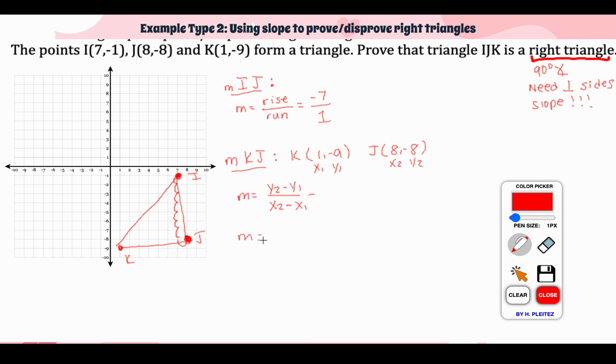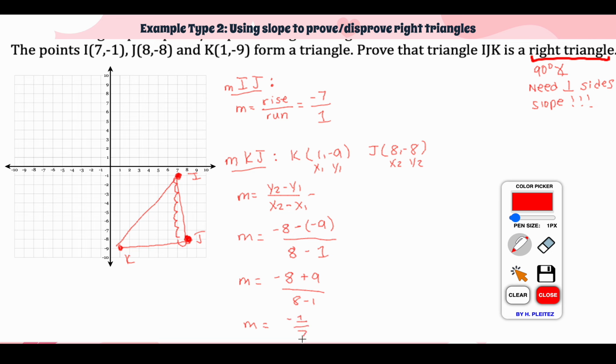So our y2 is -8 minus our y1, which is -9, over x2, which is 8, minus our x1, which is just 1. So when we do this, the double negative has to become a positive. So -8 plus 9 over 8 minus 1. That gives us m equals 1 over 7.